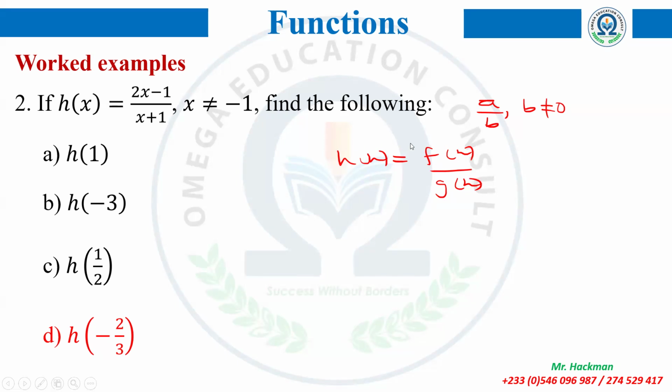So a number over a number is a rational number, an expression over an expression is a rational expression, and a function over a function gives us a rational function. I can call this a rational expression or a rational function.